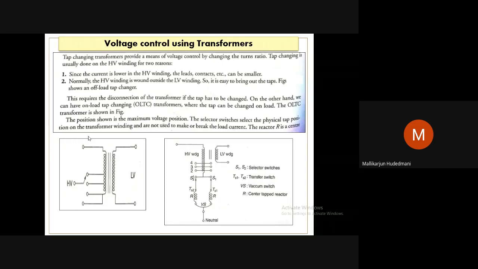Therefore, you can see a transformer with tappings at the HV side. You clearly know why tappings are put at the HV side: when we have a very large voltage, the current flowing through the switching element being tapped will be very low. Hence, tap changers are usually fitted at the HV side only, no matter whether the HV side is primary or secondary, depending upon the application.